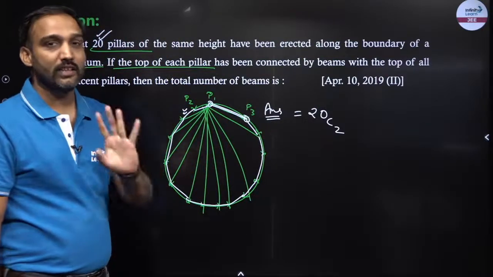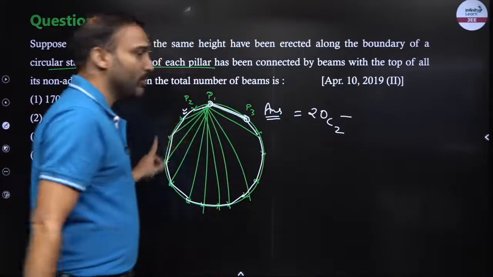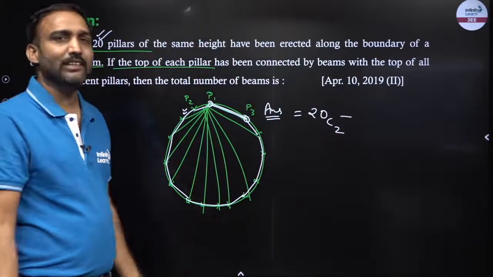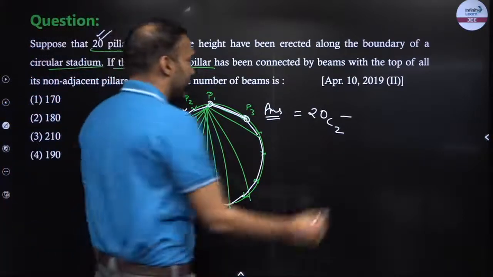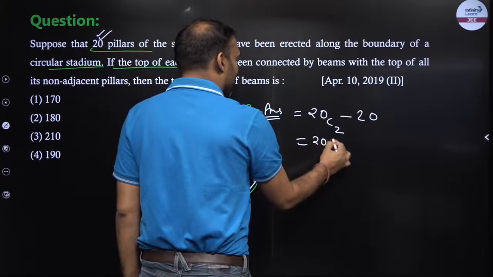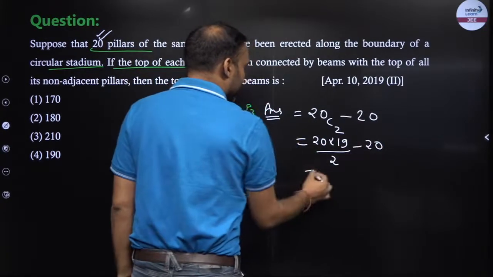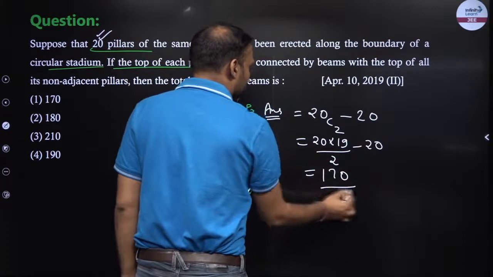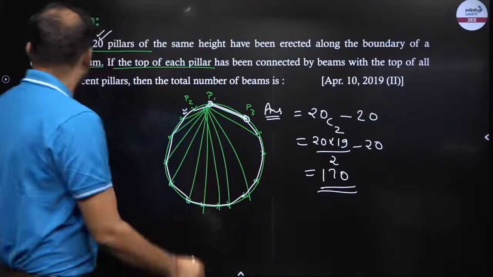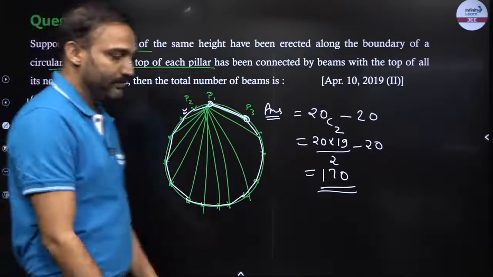I don't have to consider the sides, so I will subtract the number of sides. If I have 20 vertices, how many sides will I have? 20. So I will subtract 20 from this. What is 20C2? 20 into 19 by 2 minus 20. So 190 minus 20. My answer would be 170, which is your option A.